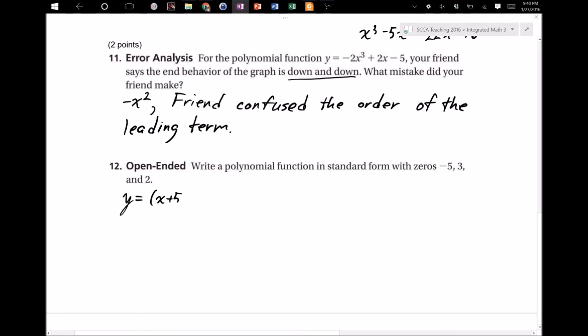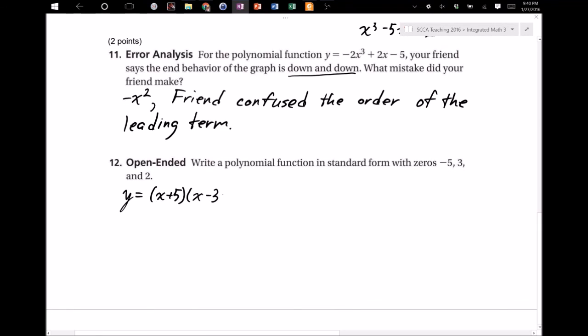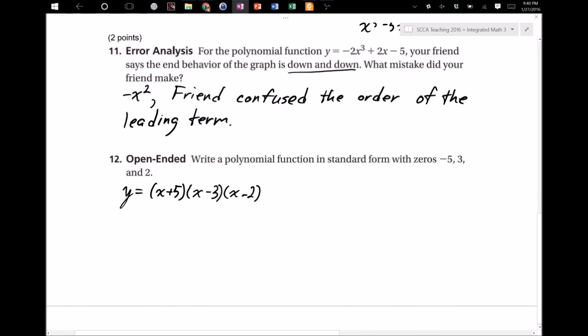So this has minus 5 as a 0. This has positive 3 as a 0. And this has positive 2. That does not have positive 2. That has negative 2. That has positive 2 as a 0.